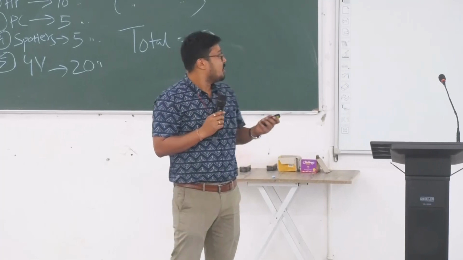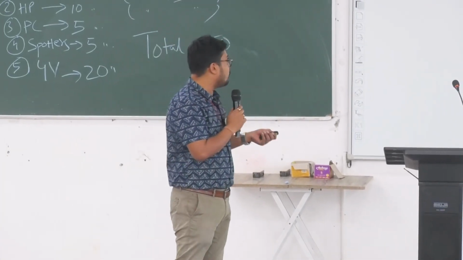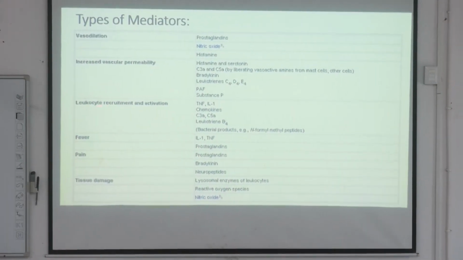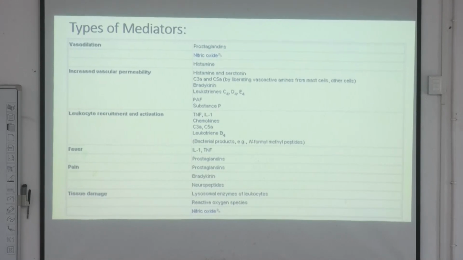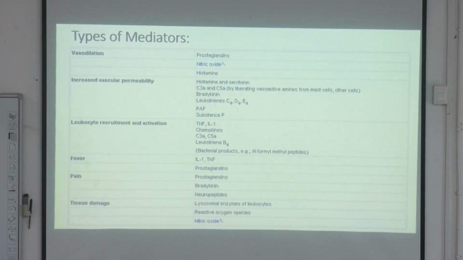So vasodilatation, increased vascular permeability, leukocyte recruitment and activation, fever, pain, and tissue damage are the major actions of the mediators. And I told you earlier that these mediators have a converging type of action.